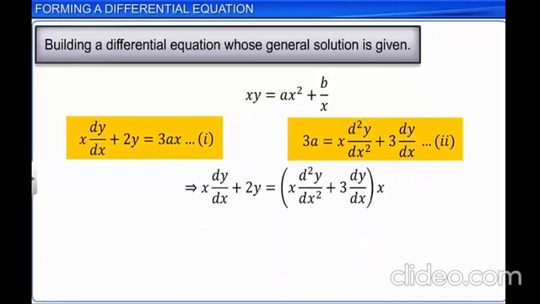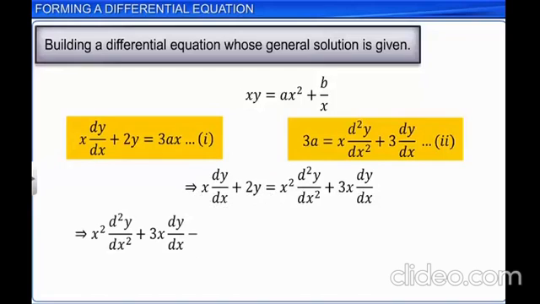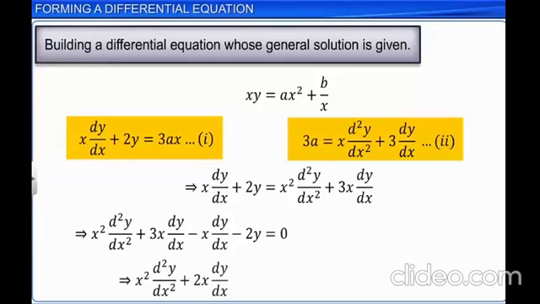Now, simplifying this equation, we get x square into d square y upon dx square plus 2x into dy upon dx minus 2y is equal to 0. This is the required differential equation.